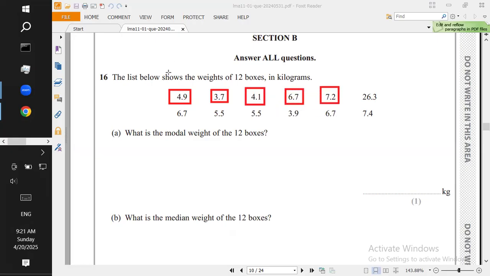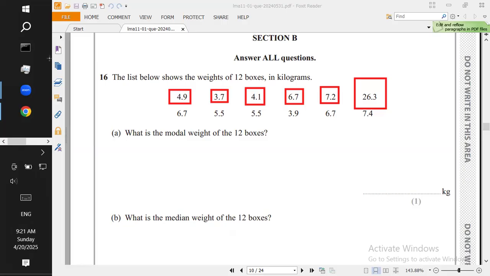So you see numbers between 3 and 7. But here, when you look at this number, 26.3, you'll notice that it is extremely bigger than the rest of the numbers. So 26.3 is the outlier of this data.